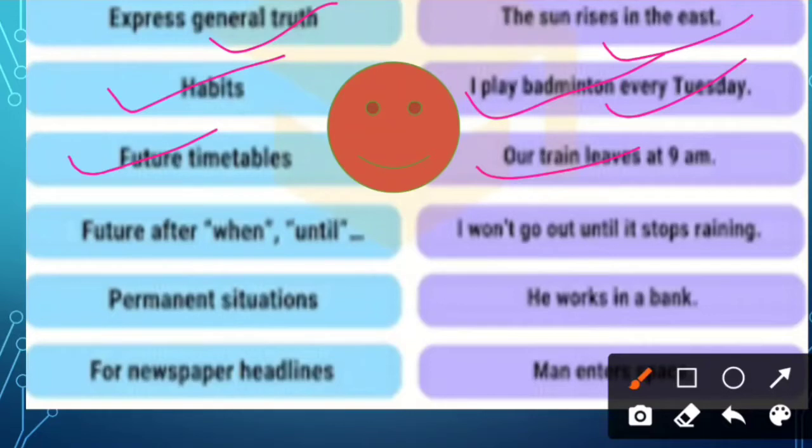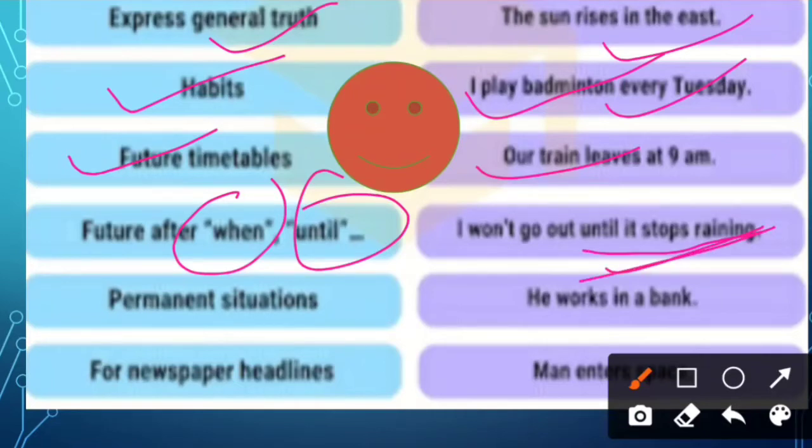Even if one sentence is of the future, then if words like when, until are used, we will have to use the second sentence in the simple present tense. Here you can see, I won't go out until it stops raining. Stops indicates it is the simple present tense.